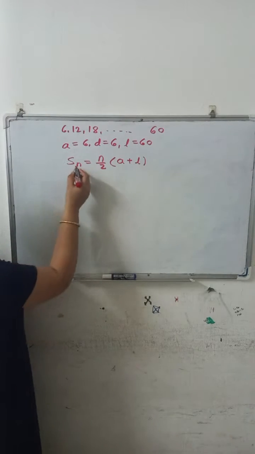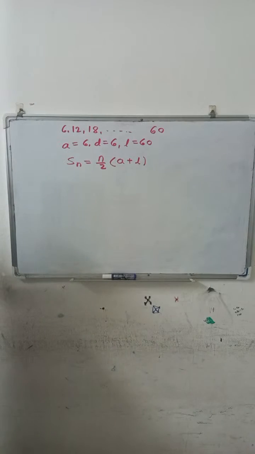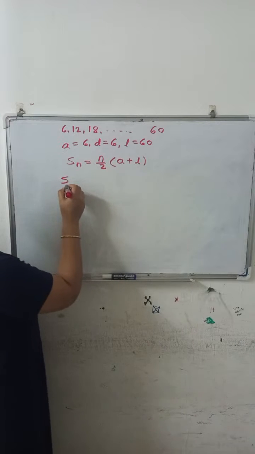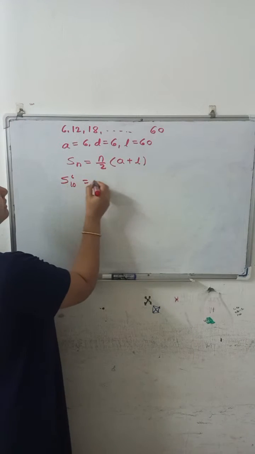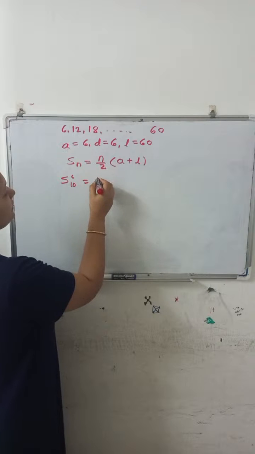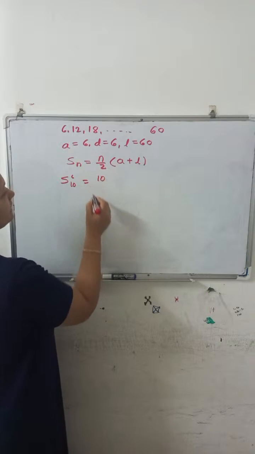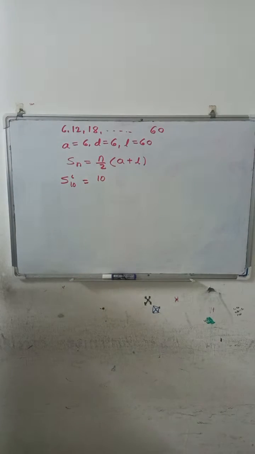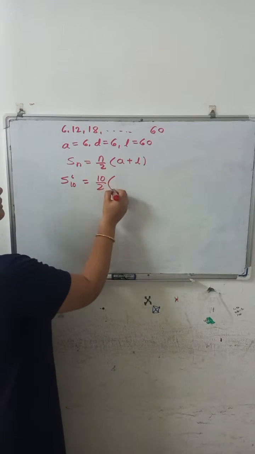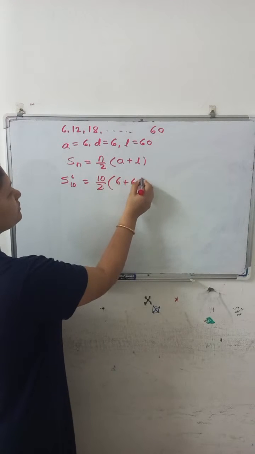So the sum of 10 multiples of 6 is equal to n, the number of terms, which is 10, since 10 multiples are given, divided by 2. Now a is 6 and the last term is 60.